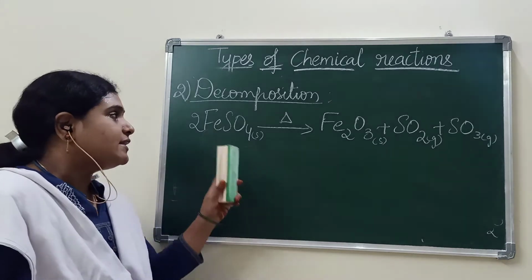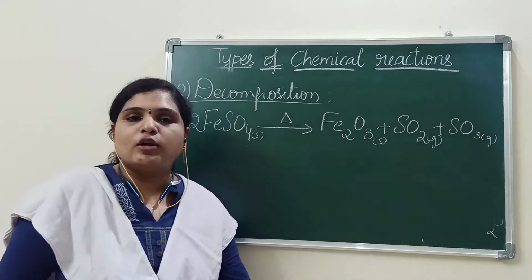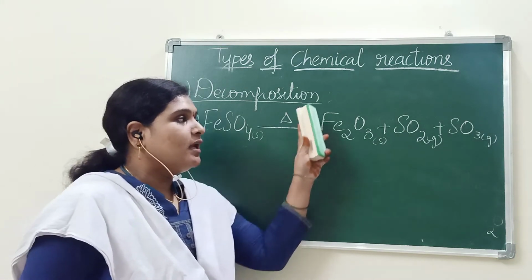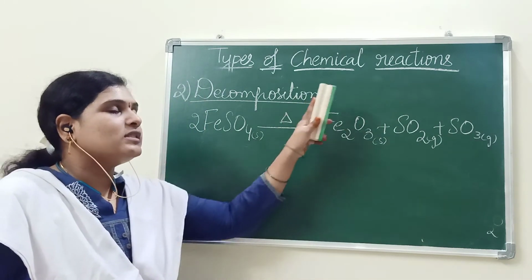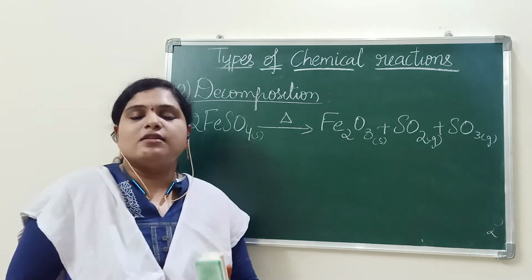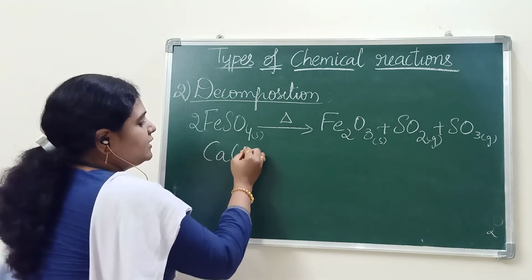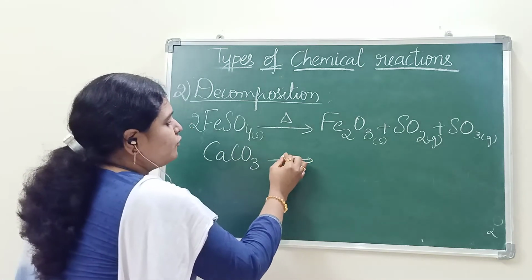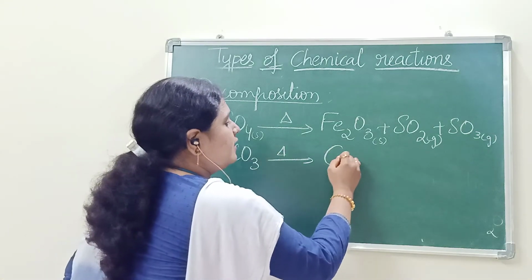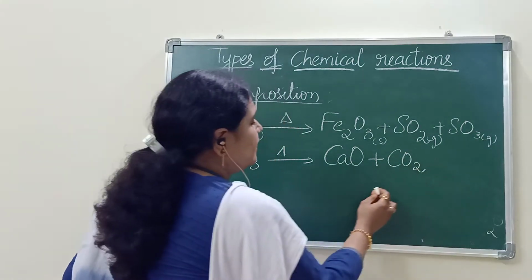We take some amount of ferrous sulfate. First it will lose all its water molecules. Even if we heat it further, it will be divided into its constituent parts. This is the first reaction. Then the second one: calcium carbonate, limestone. If you heat it, it will form calcium oxide and carbon dioxide.